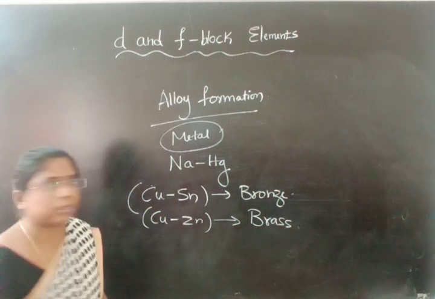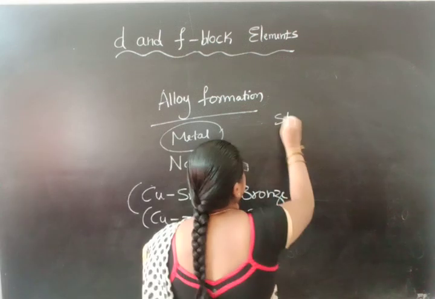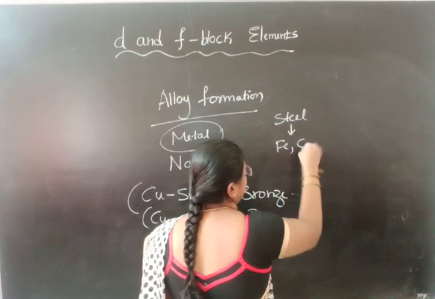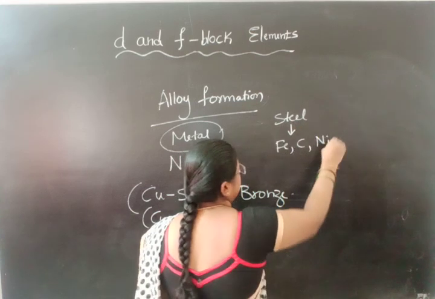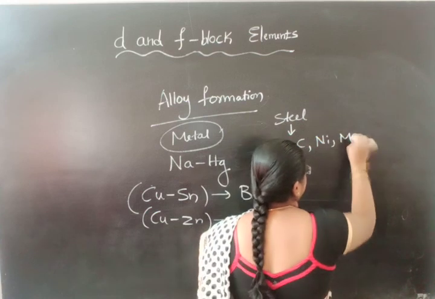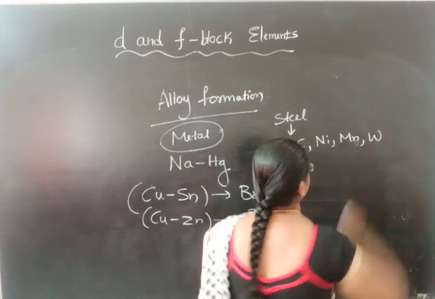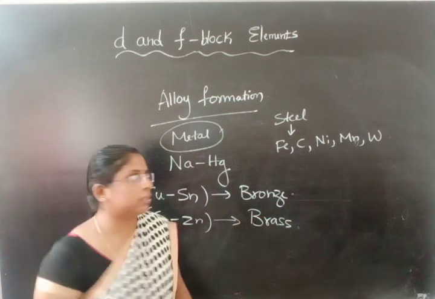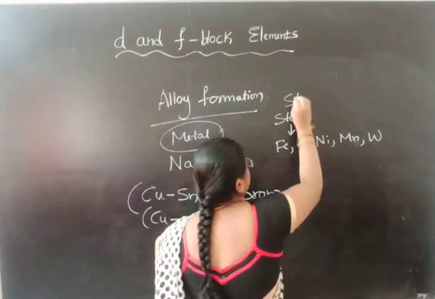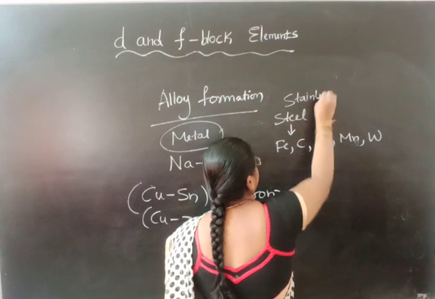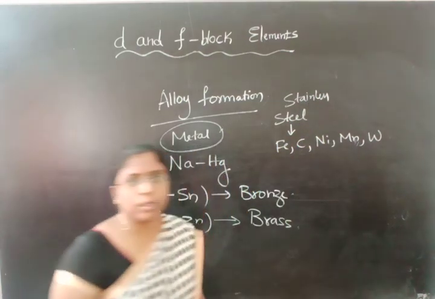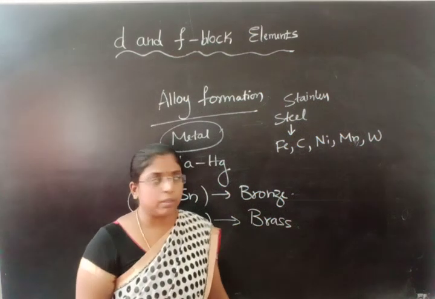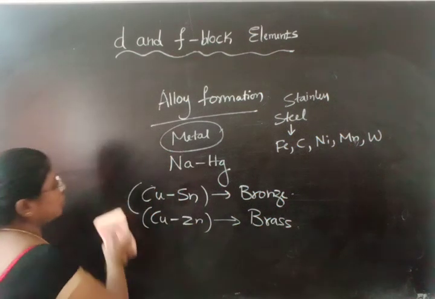Similarly, you know that steel contains many elements. Mainly iron, carbon, nickel, manganese, even tungsten. It depends upon the combination, upon the types of stainless steel. To form an alloy, at least it should contain one metal, the others may be metals or non-metals. This is the formation of alloy.